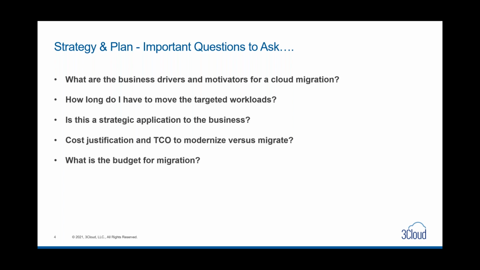By making an investment in optimizing and modernizing that application from where it is today to where it could be in the cloud, we will save on operational time. So there is a total cost of ownership formula that we can run.